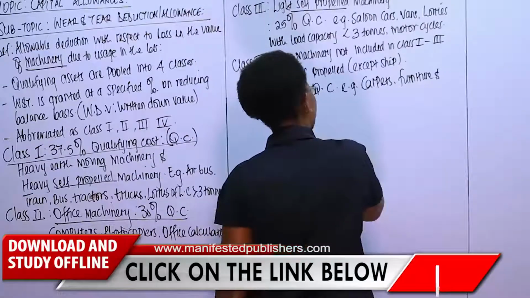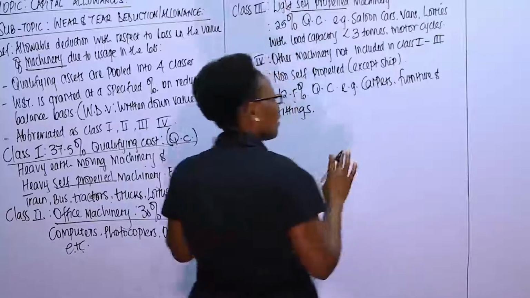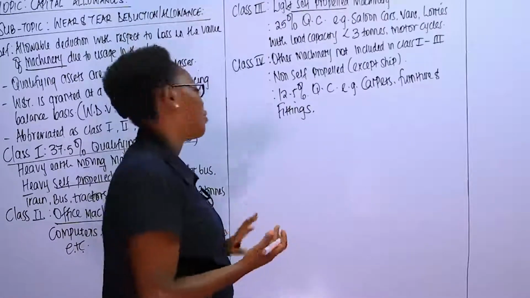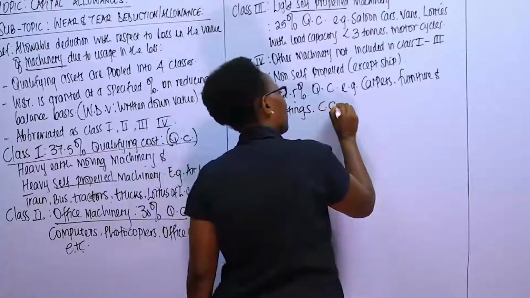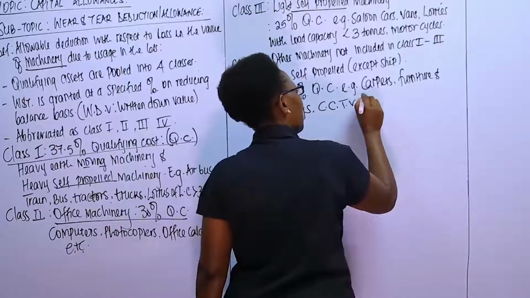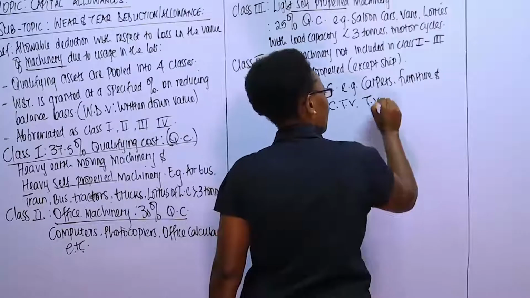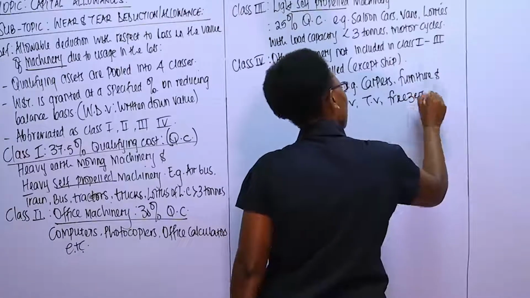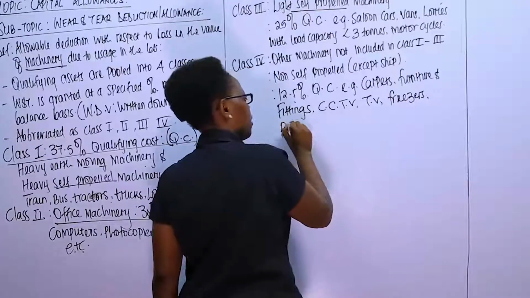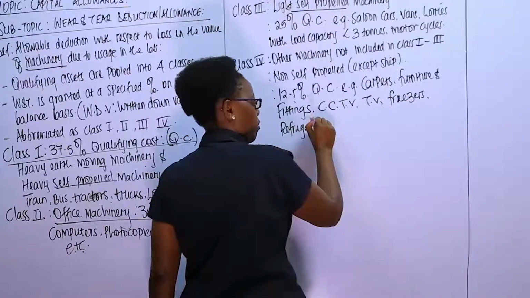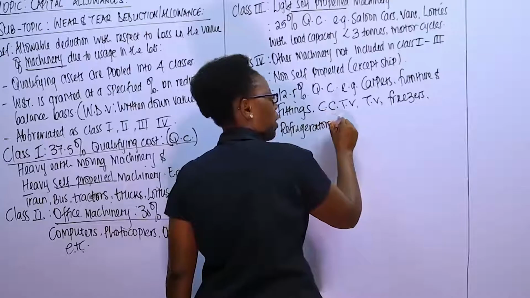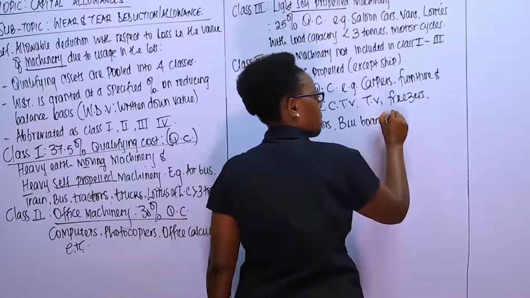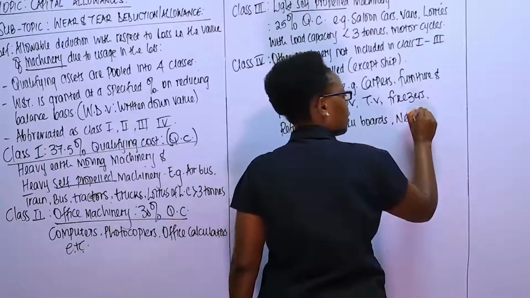Then we will have anything else that is non-self-propelling, but it is found in the office. So we will have something like CCTV cameras, we'll have televisions, we'll have freezers, we'll have refrigerators, we'll have billboards, and we'll have neon signs.